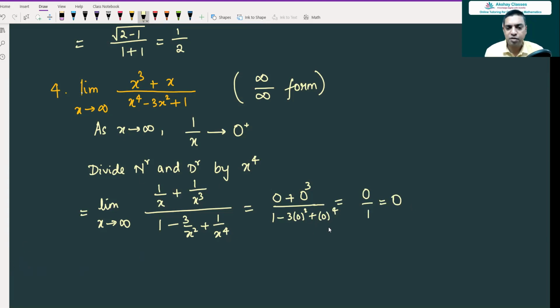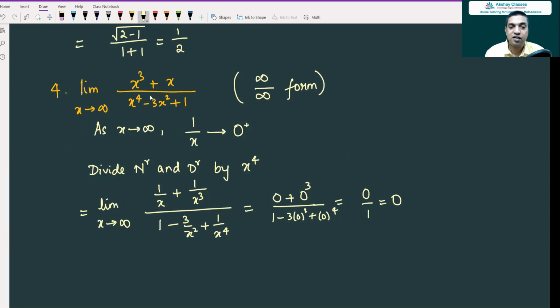Actually, I am taking this many steps, but for a problem like this, I will just see and put the answer. Why? See here, see the logic. Which degree is greater? In the numerator, the polynomial is of higher degree or the denominator? Anybody can answer, participants? In the denominator. So in the denominator, the degree is higher.